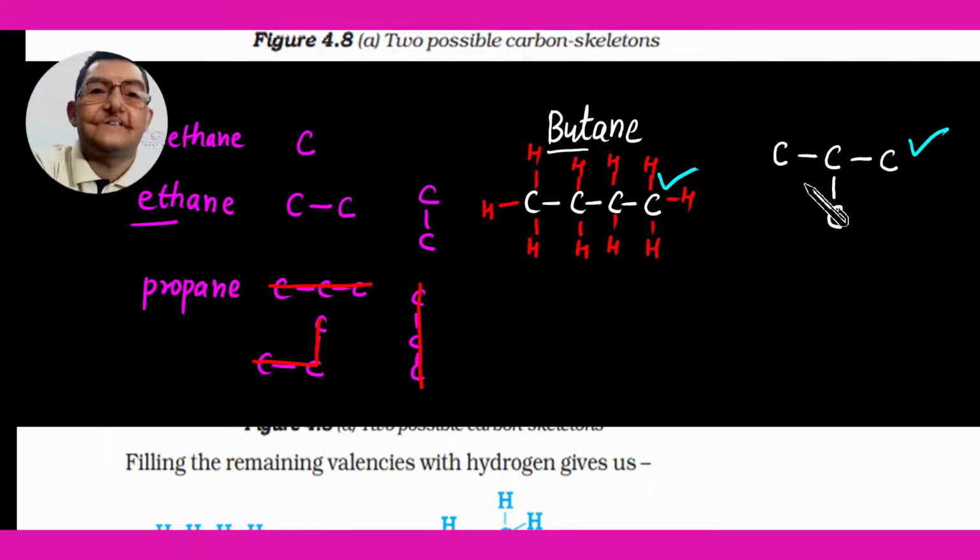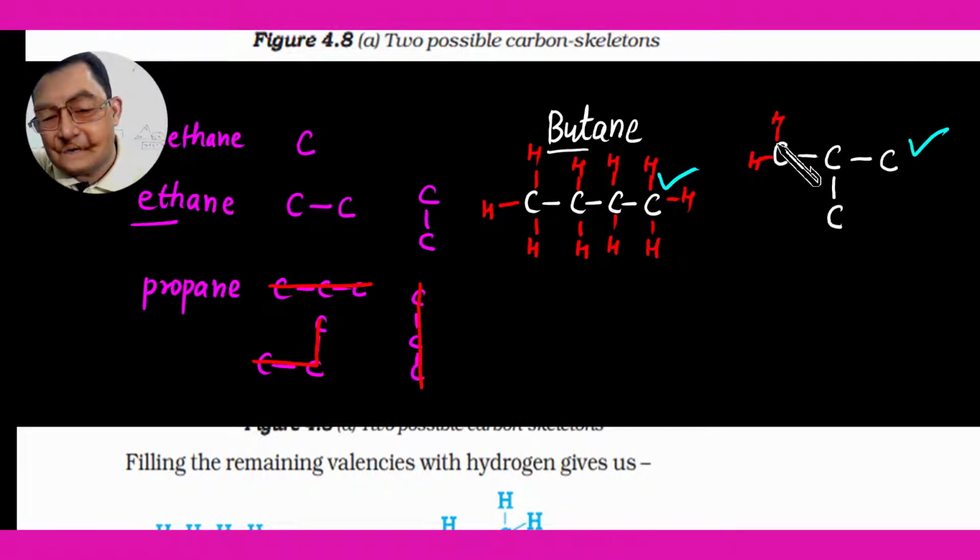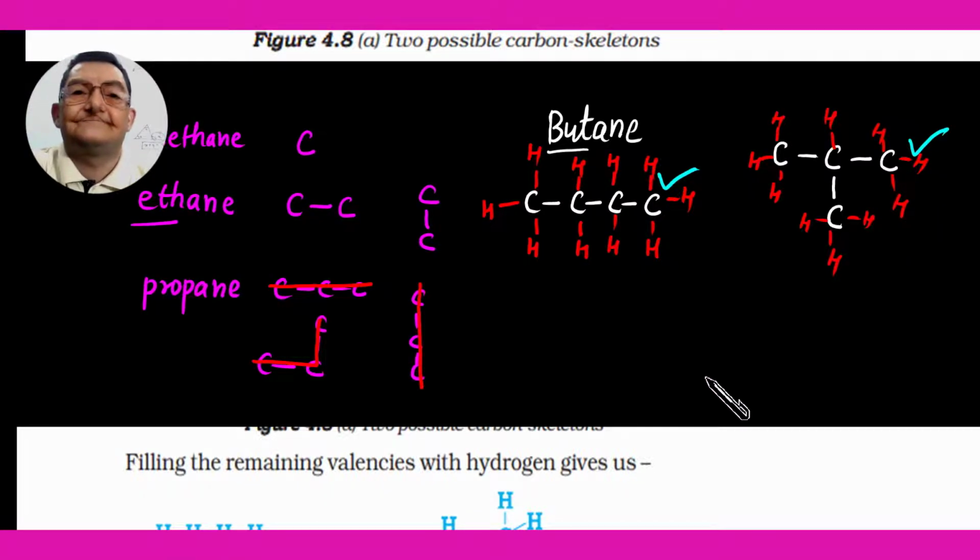Or you can do it this way also. 1 valency is over, put H, H, H. Here also 1 valency is over, put H, H, H. 3 valencies are over, put 1 H. 1 valency is over, put 3 H.